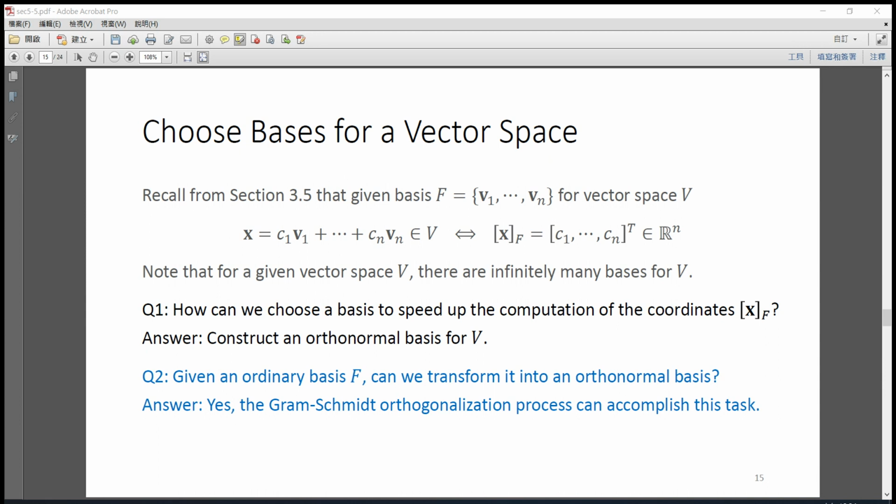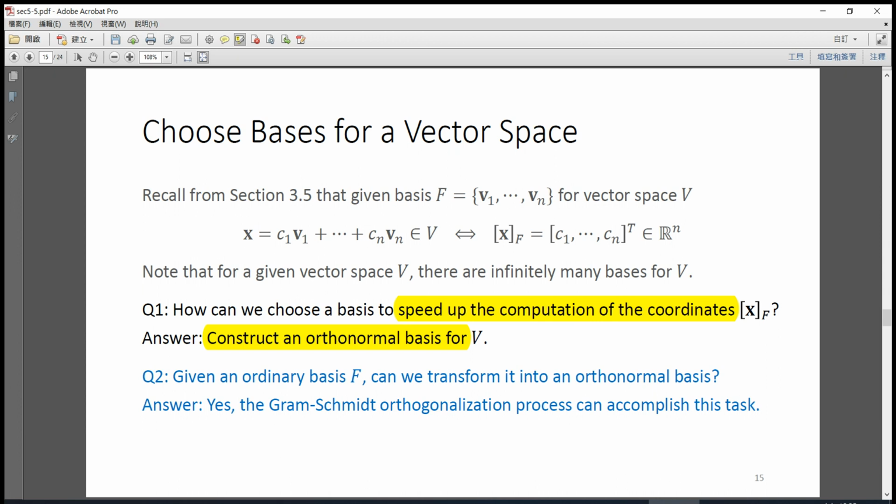We have finished section 5.5, and we will go on to learn section 5.6. Recall that constructing an orthonormal basis for an inner product space can speed up the computation of coordinates. That is, if the elements in a basis are mutually orthogonal and each vector is of length 1, then computing the coordinate amounts to computing inner products, which is much faster than solving linear equations.